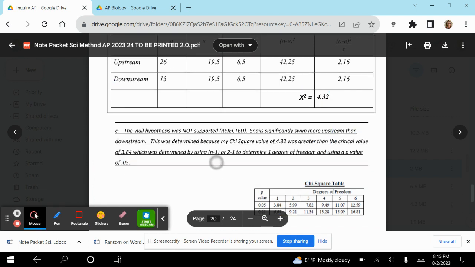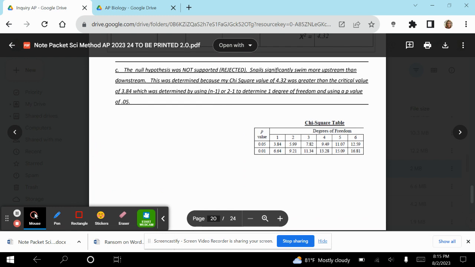Now, when we reject a null hypothesis, that is what leads to more questioning from the researchers. So why are they significantly swimming upstream more than downstream? We can then design further experiments to see if we can figure out what is the stimulus or the reason or the benefit for them to swim upstream versus downstream.